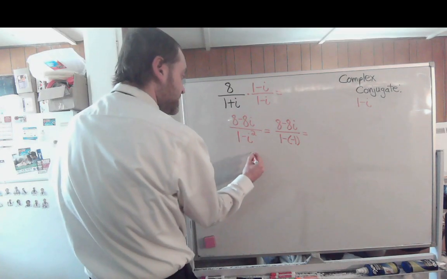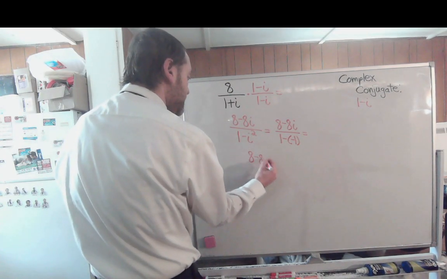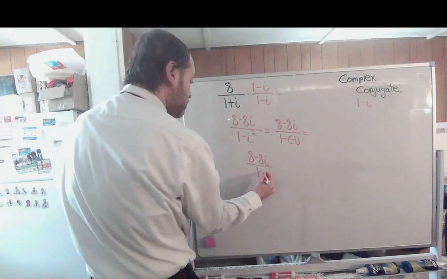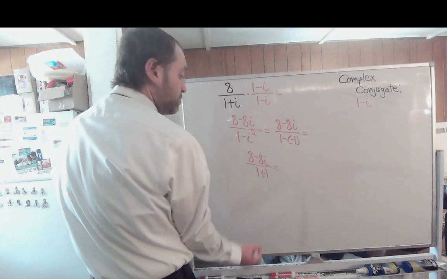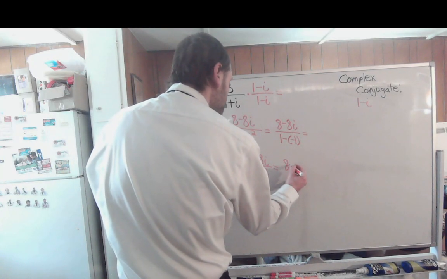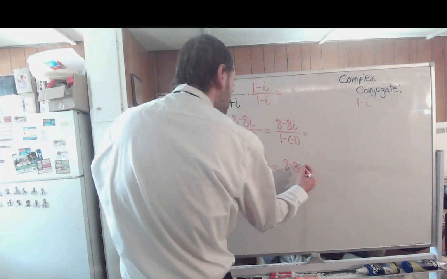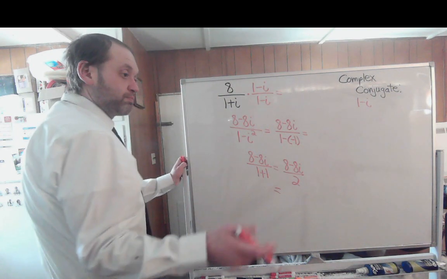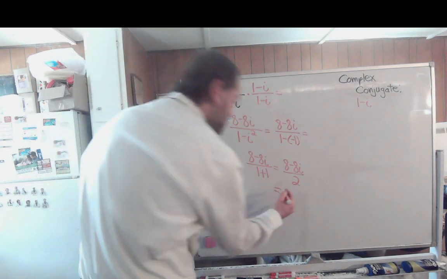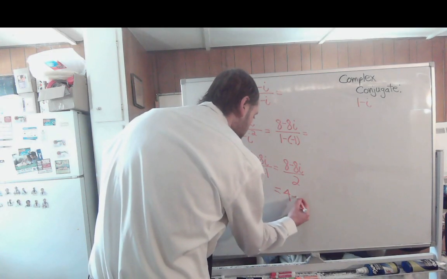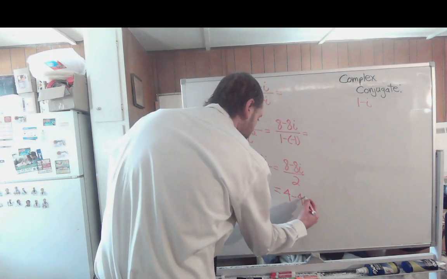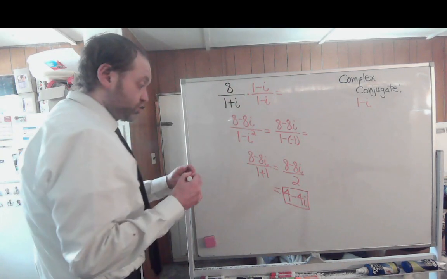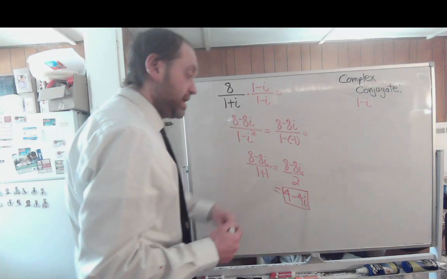So this would turn into 8 minus 8i over 1 minus negative 1. That'd be 1 plus 1, which would mean this would be 8 minus 8i over 2. And both of the numerator terms factor by 2. This would just become 4 minus 4i. So the number in standard form would actually be 4 minus 4i.